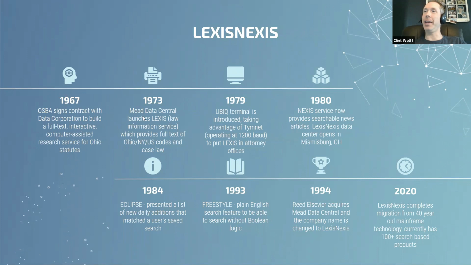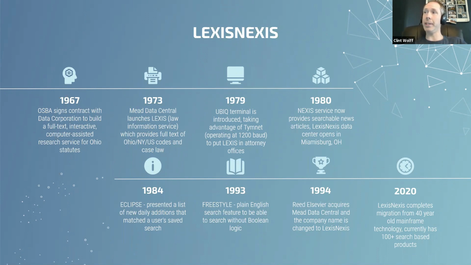That original Lexis service provided full text of the Ohio, New York, and US codes and case law materials. Between 1973 and '79, Mead Data Central creates its own private telecommunications network, so customers in large cities and university law libraries can have the Lexis service installed right in their offices.